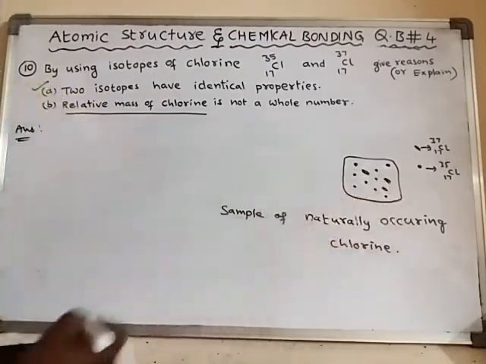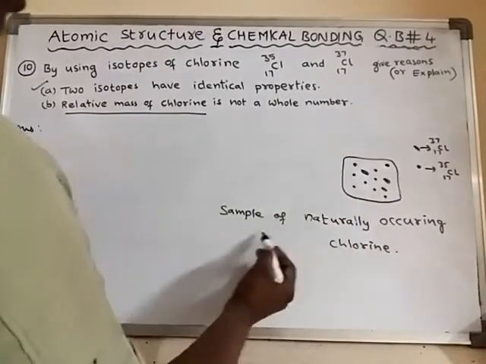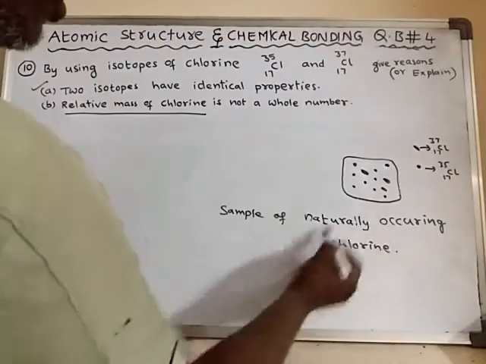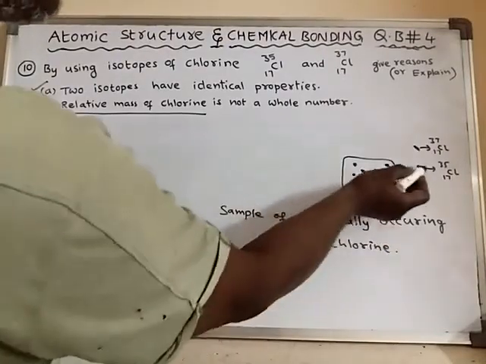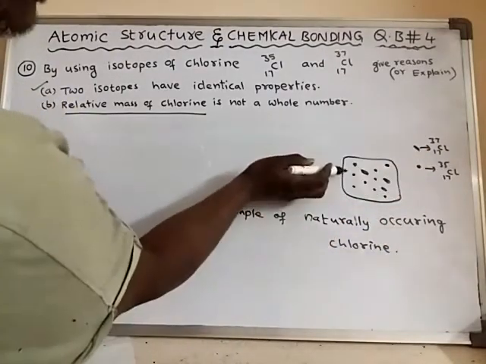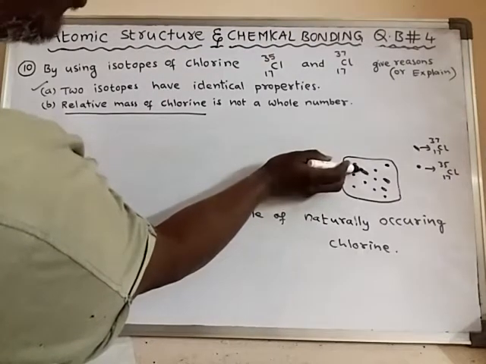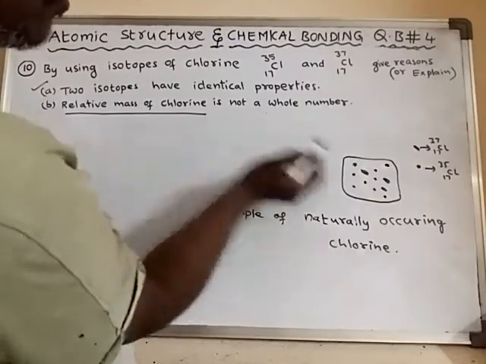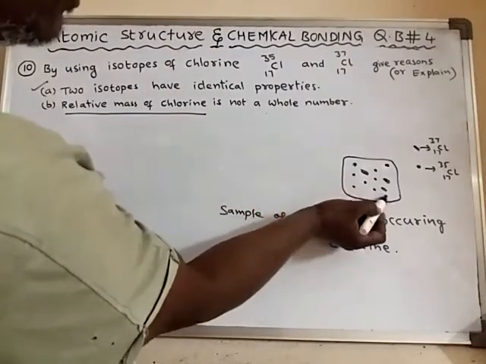Here the ratio of these two atoms in the natural sample of chlorine will be 1:3. So for every one chlorine 37 there are 3 chlorine 35.